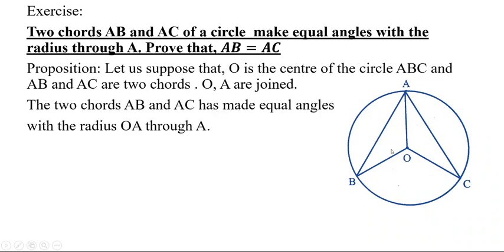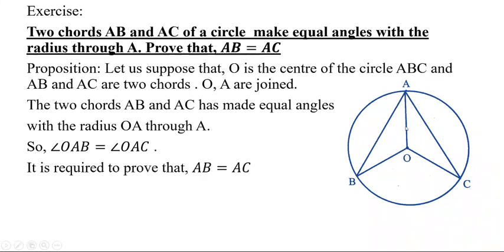The two chords AB and AC make equal angles with the radius OA through A. So, angle OAB and angle OAC are equal. It is required to prove that AB and AC are equal. Our construction, join O, B and O, C.